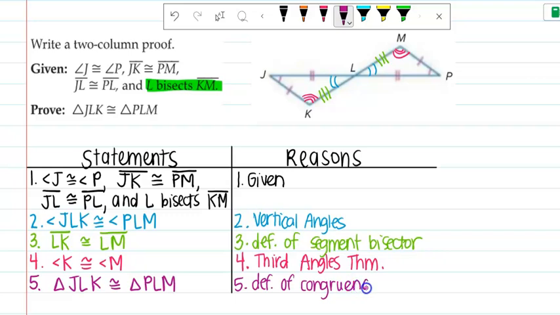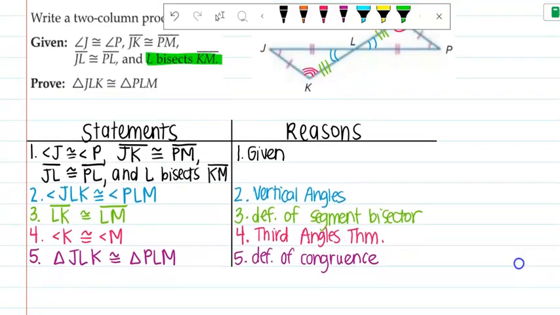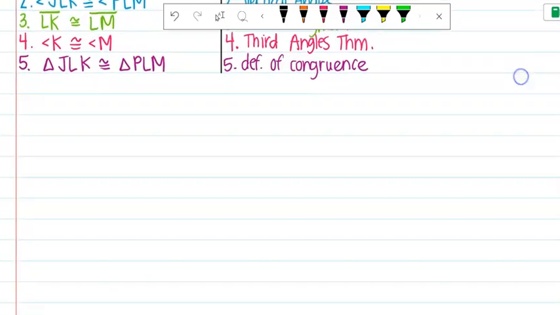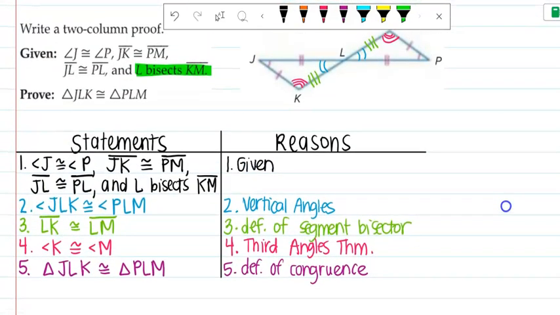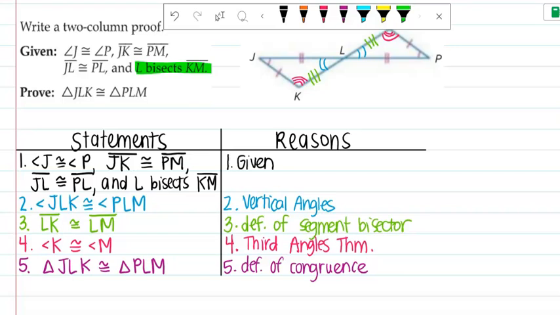If you want to write a longer explanation about matching up the corresponding parts or anything like that, feel free. But just stating that we know that they're congruent is A-okay with me. Okay? So that is step 15.